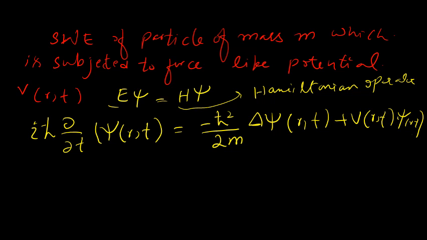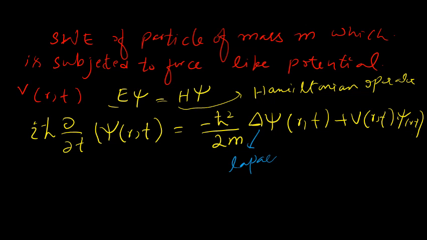So iħ ∂ψ/∂t is equal to minus ħ²/2m ∇²ψ(r,t) plus V(r,t) ψ(r,t). Here this del is the Laplacian operator.